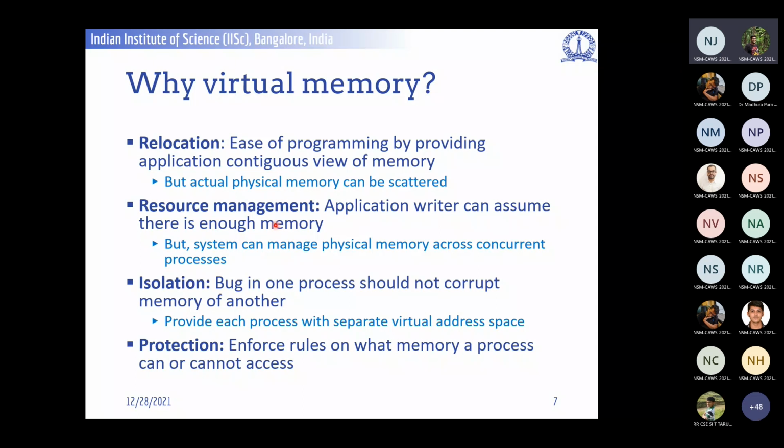Some portion of the memory you want to be read-only, and some portion can be read-write. All this protection of memory is enforced by the virtual memory subsystem. So these are some of the fundamental benefits of why you want to have the virtual memory abstraction, even if it costs you some performance, because it is fundamental to how we can write software.